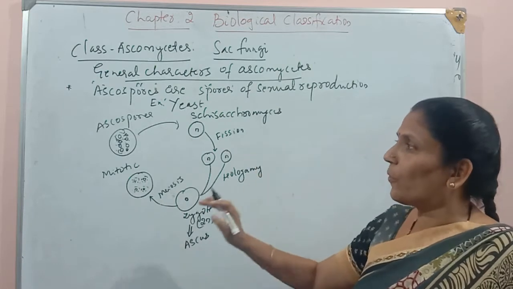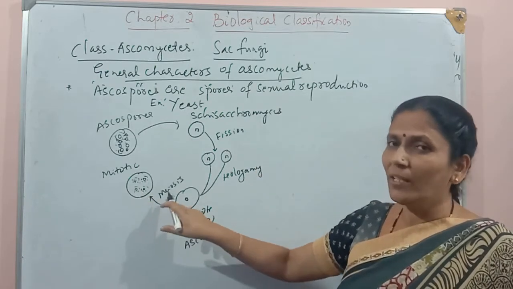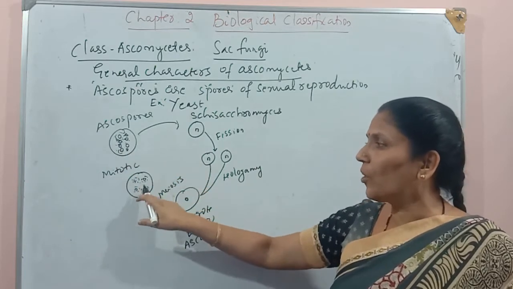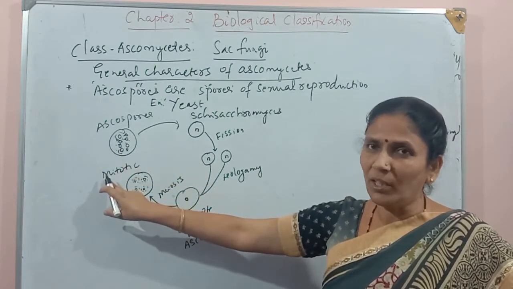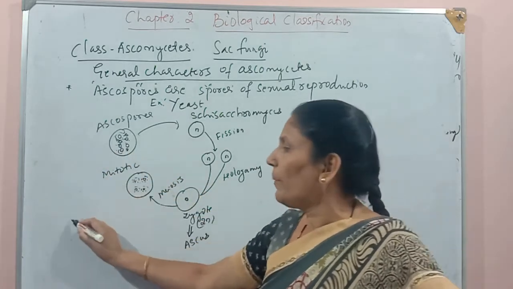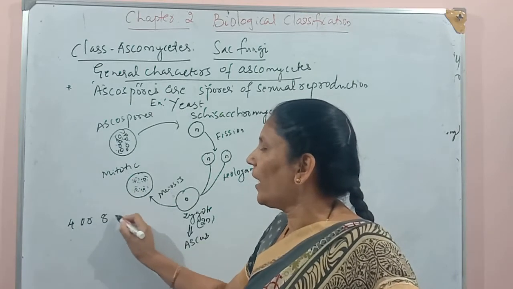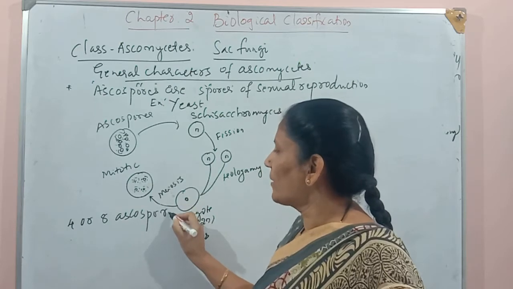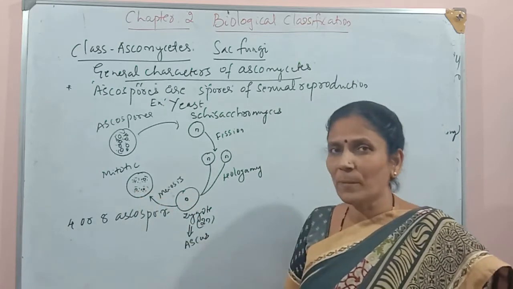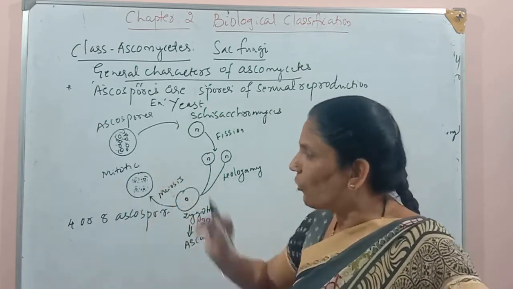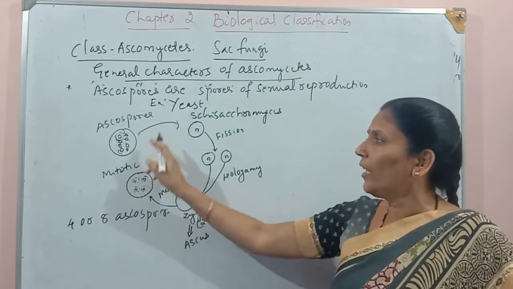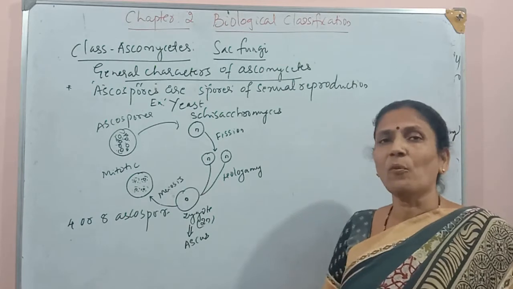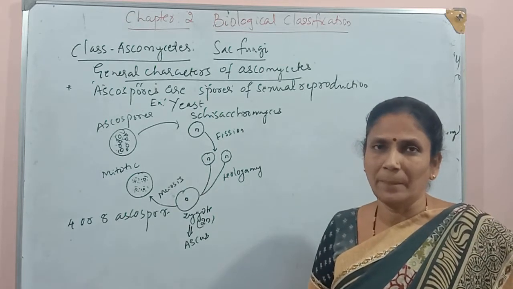So ascospores may be 4 if there is only meiosis, and 8 if meiosis is followed by mitotic division. In this manner, ascospore formation takes place.